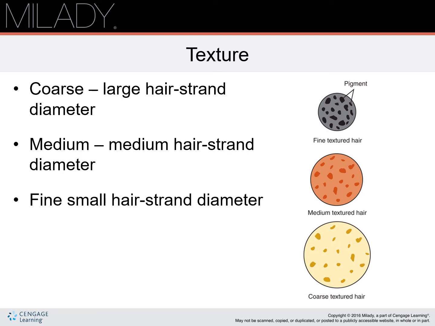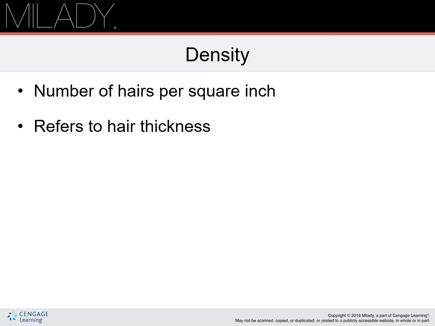Okay, so let's talk about density. The definition of density is the number of hairs per square inch on the head. So density is how thick your hair is. You can have thick, fine hair, going back to your texture, or you can have thick, coarse hair.